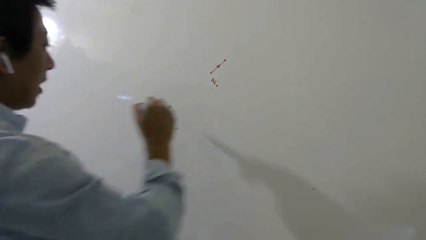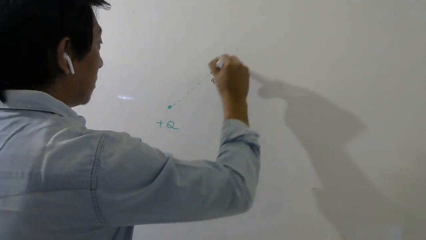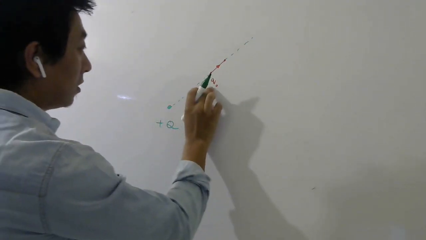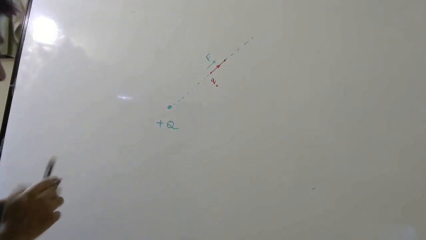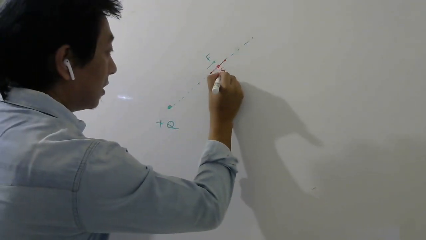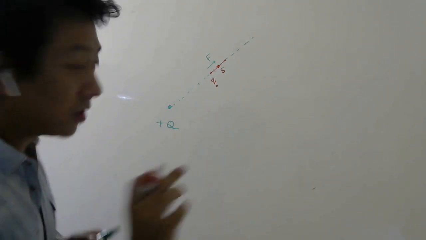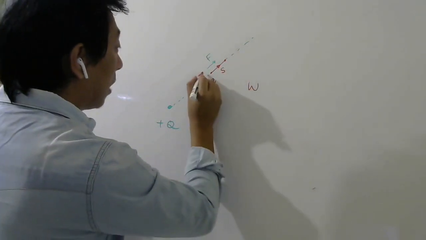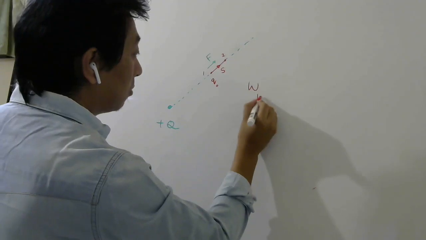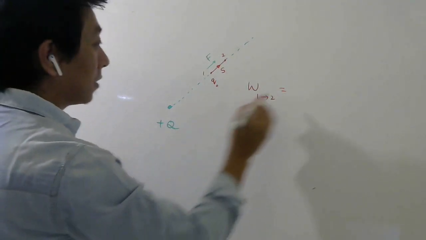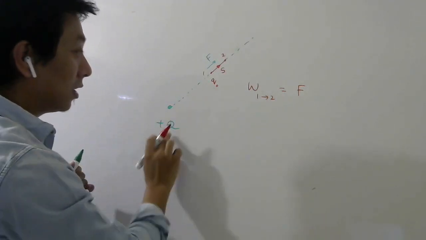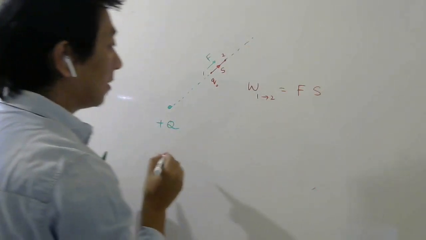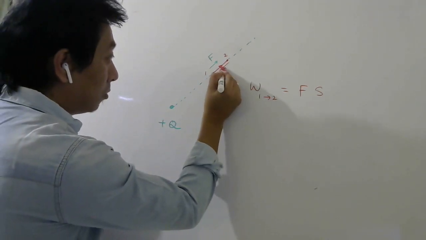Now you know that the force will act along the line joining the charges, right? So the force on this charge will be in the same direction. This is the force, and this red arrow represents the displacement from here to here. So what will be work done while going from 1 to 2? Work done will be force acting on this charge, which is repulsive because I took like charges, into displacement. Now you come back from 2 to 1.